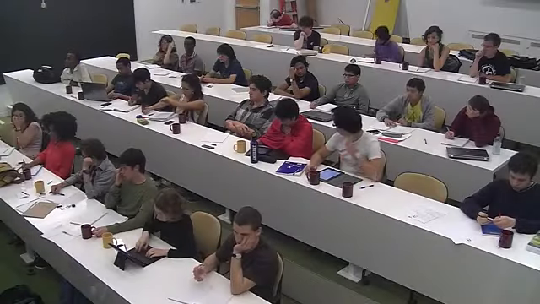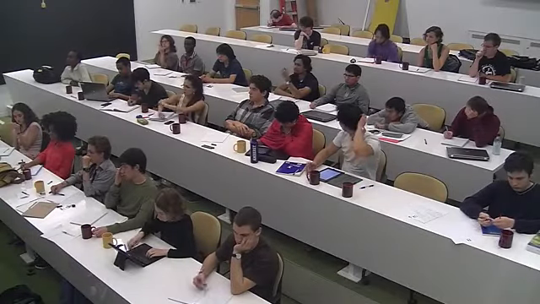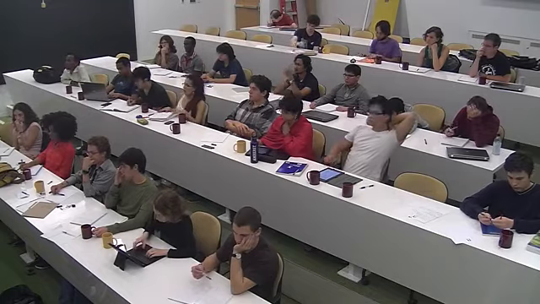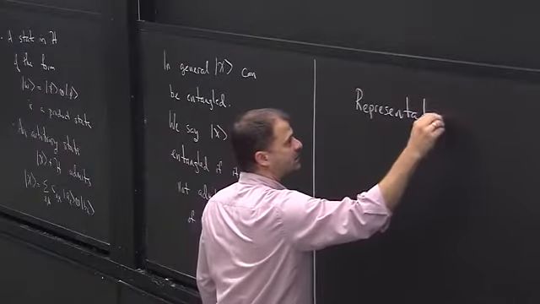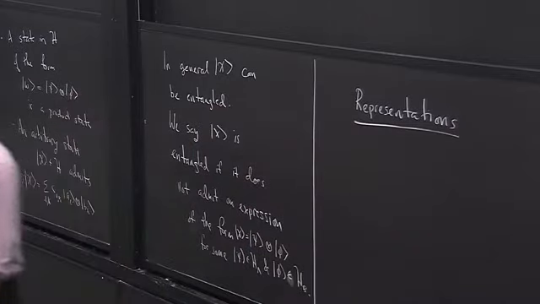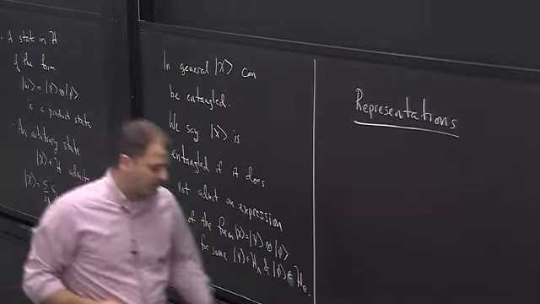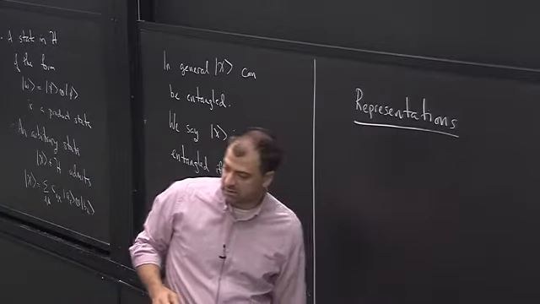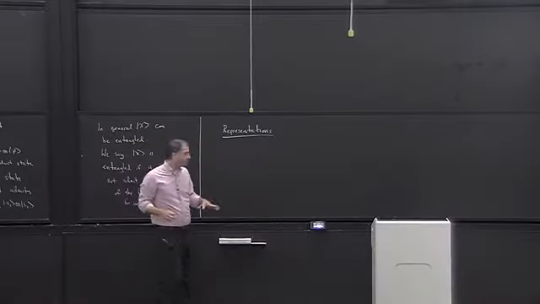So in the context of representation, I'm expecting this to be basic review for all of you. If it's not, then you should spend some time becoming very familiar with this, but I just want to recap and make a point.